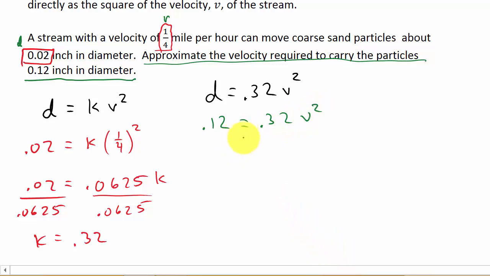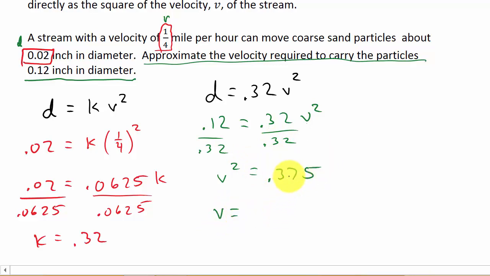Now let's solve for V. I'll divide by 0.32, and so I get V squared, and we'll punch this into our calculator, and that is 0.375.